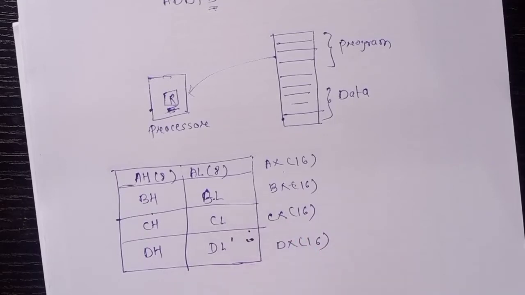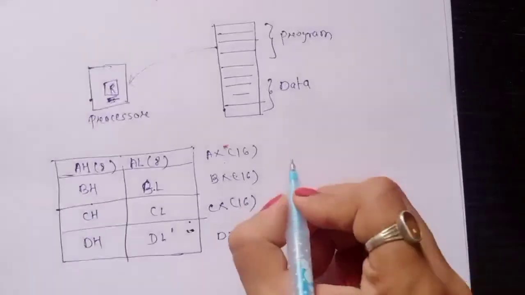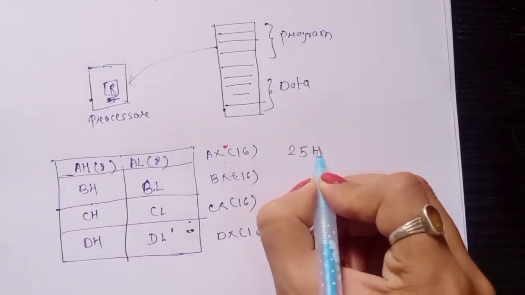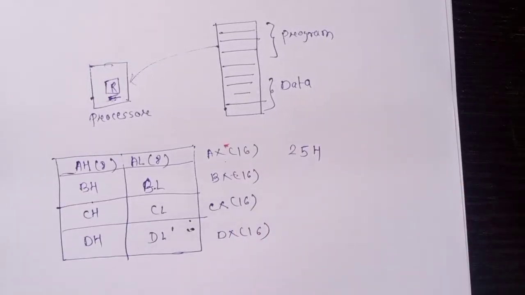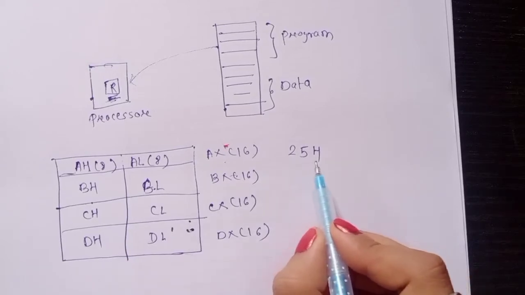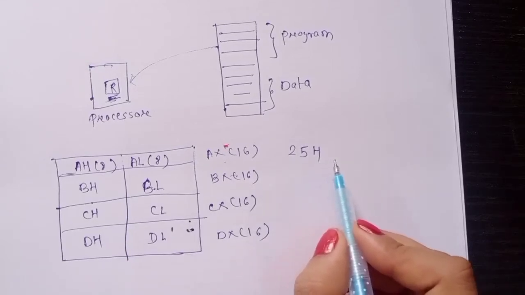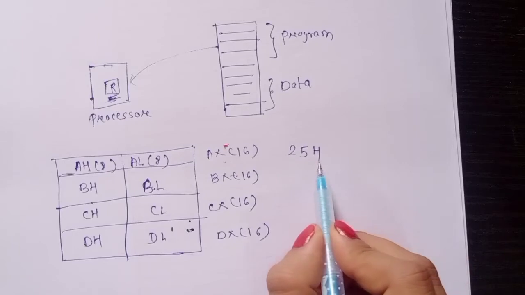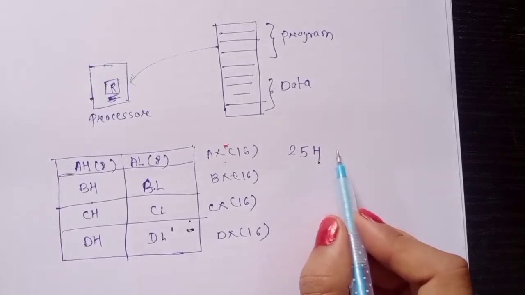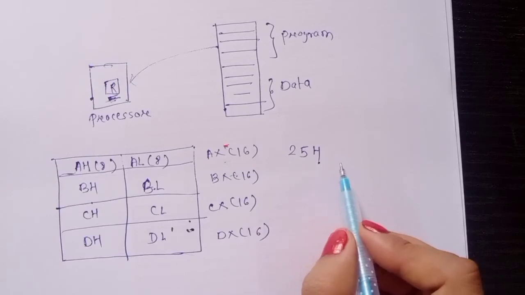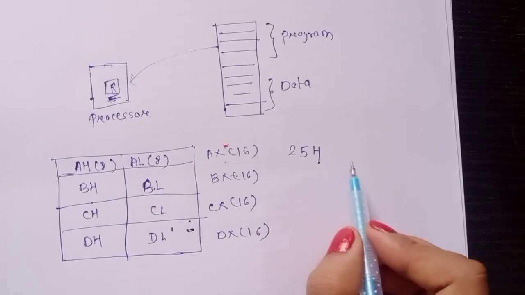Now what is 8-bit? Let's say 25H. This 25H is an example of an 8-bit number. This is hexadecimal, which can be converted into binary. You know that inside a computer everything is binary.